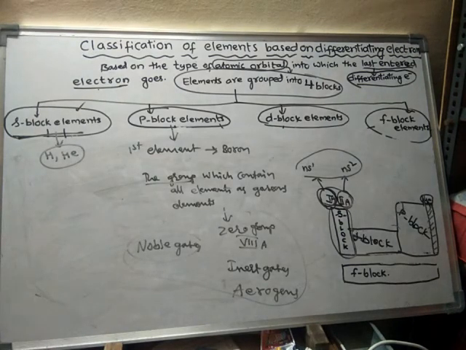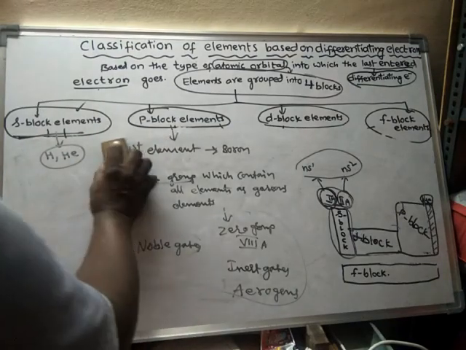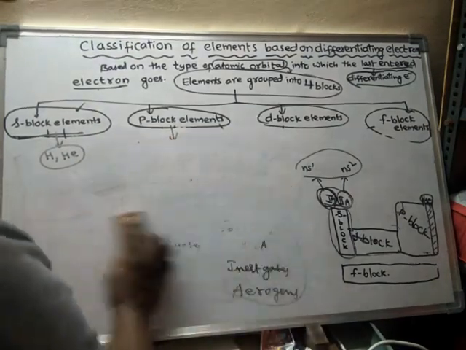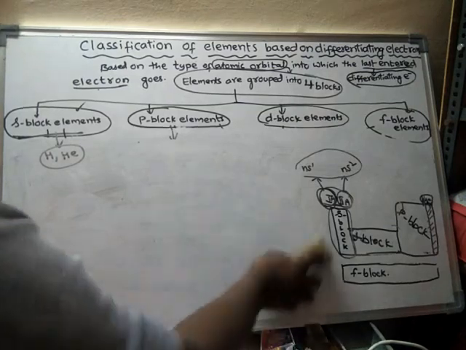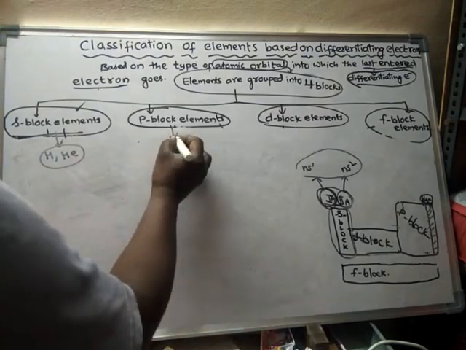Next, in P block, all types of elements are present. What types?